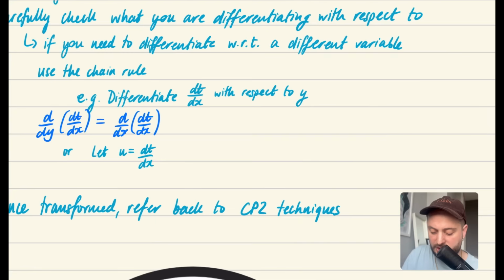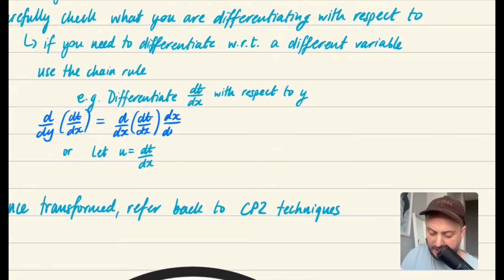I'm allowed to differentiate it with respect to x because it's already been differentiated with respect to x once. But to counter this dx here, I'm going to have to multiply by a dx, and I'm going to have to maintain the dx by dy, excuse me.